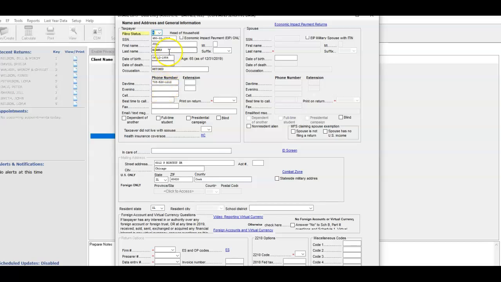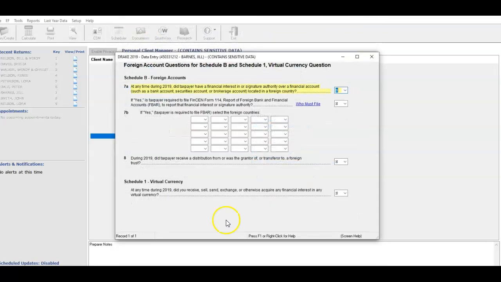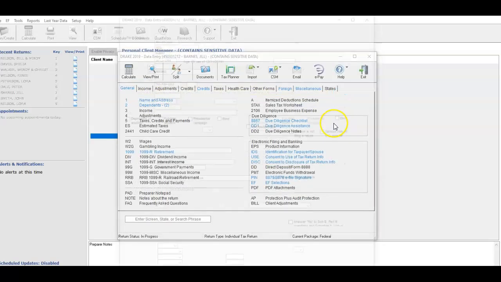Page 1 is the 1040 personal information page, address, filing status. That's equivalent to that when it comes to answering these questions as far as foreign accounts and virtual currency. You ask the clients these series of questions, they're going to give you a response, and you simply notate the response with a yes or no, and then you come out of that.